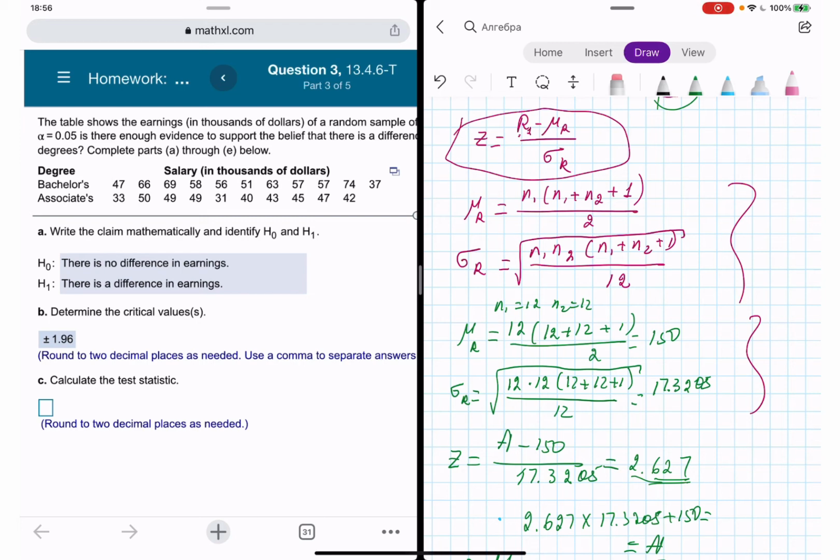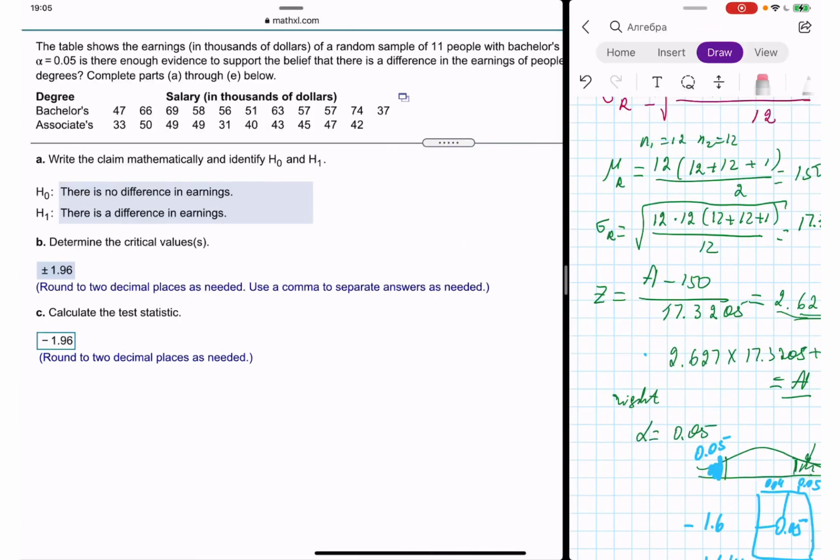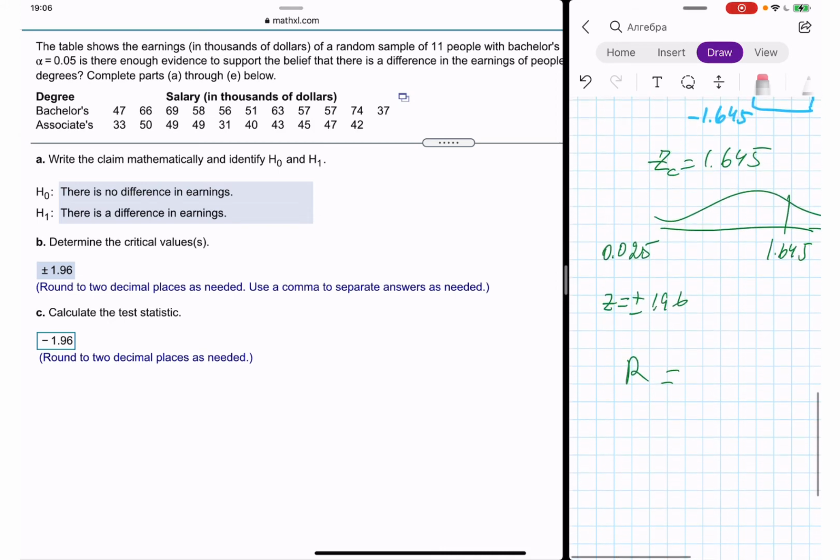The other one, which is associate, is one less. So n1 is going to be 11 and n2 is going to be 10. And you calculate and you are going to get your test statistic.